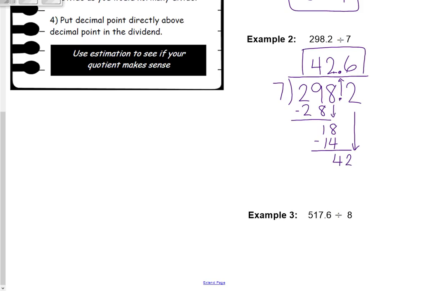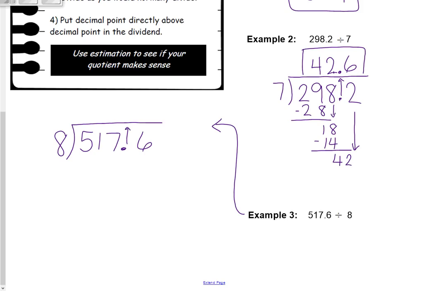All right, example 3, I'm going to write over here. I have 517 and 6/10 divided by 8. All right, so I'm going to bring up the decimal point. It stays in its place. 8 goes into 51 6 times, that's 48.